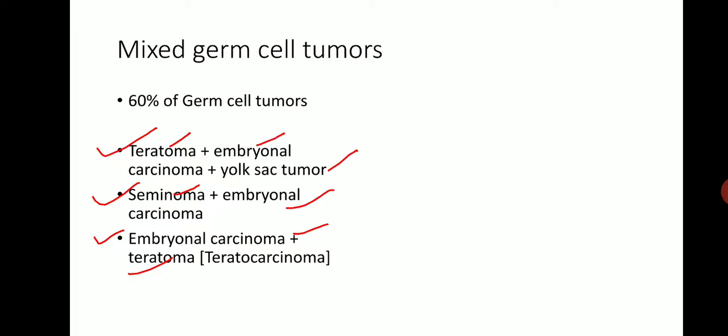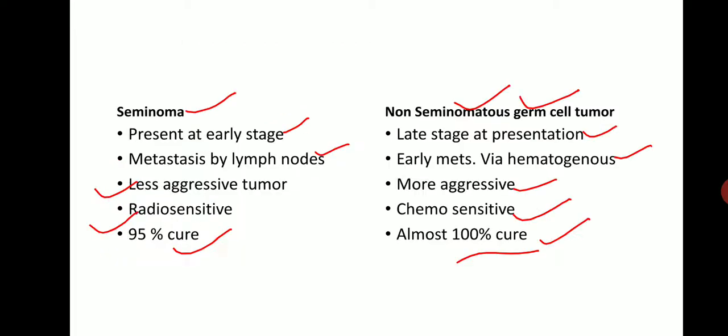Mixed germ cell tumors are very common. In fact, they are more common than pure seminomas, and various types of combinations can occur. Most common being teratoma, embryonal carcinoma, and yolk sac tumor, and the combination of embryonal carcinoma with teratoma is known as teratocarcinoma. From a therapeutic point of view, the germ cell tumors can be classified as seminomas and non-seminomatous germ cell tumor.